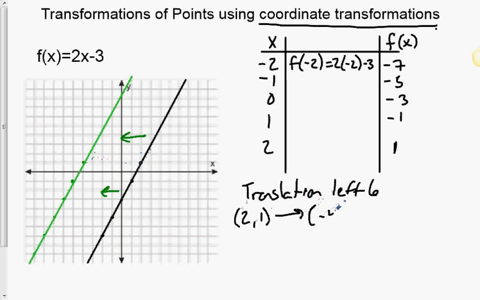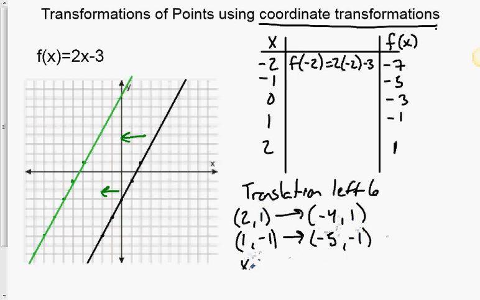It became the point -4, 1. And you can see which values were actually changed and which values didn't change. And if we take a look at another point, maybe 1, -1, that has now become the point -5, -1. Okay, we can start to see what the pattern is developing out of this.